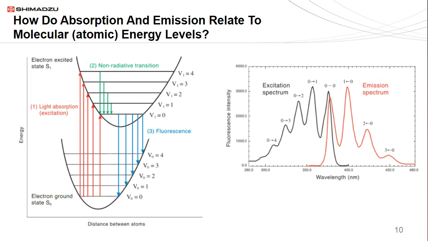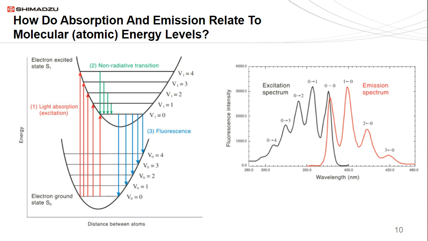One of the unique characteristics of fluorescence spectra is they tend to have a fair degree of vibrational subpeak structure to them, as you can see here with the spectra on the right. They have a lot of detail to them. So we're going to return to the Jablonski diagram on the left to understand this.